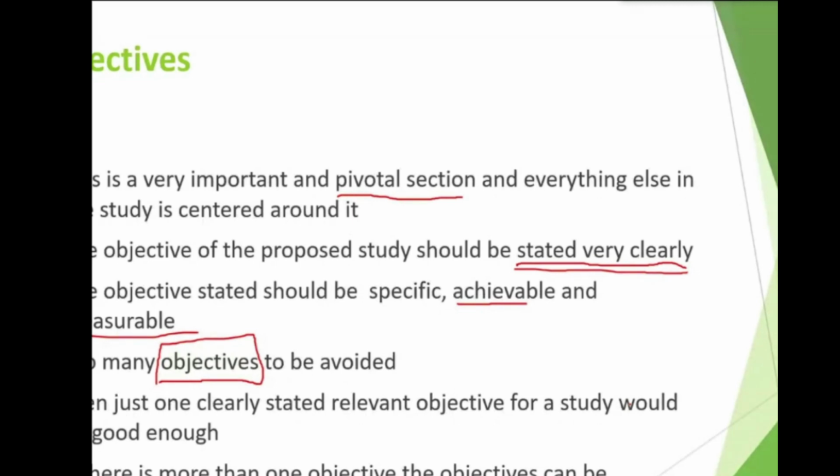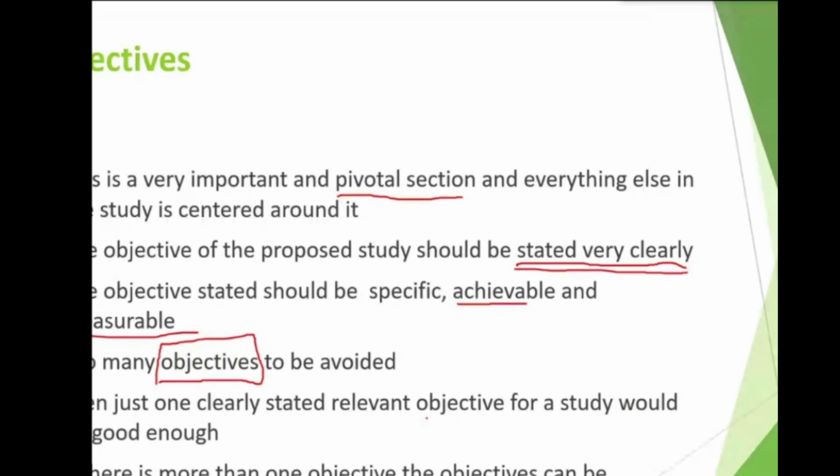Whether the smallest form of particle is a molecule, or an atom, or an electron, or something which is below the size of an electron. All that can be your question, and that will be your objective to study them.